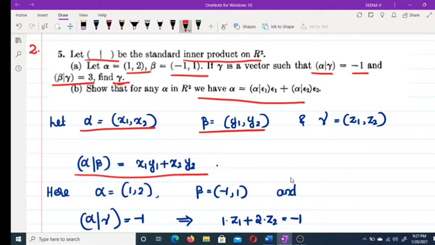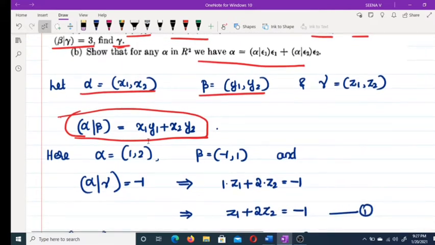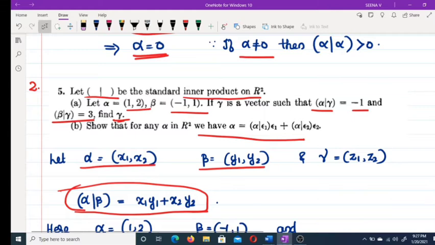If alpha equals x1 x2 and beta equals y1 y2, it is coordinate-wise multiplication: x1 y1 plus x2 y2. Here alpha equals (1, 2), beta equals (-1, 1), and we have to find gamma. So suppose gamma equals (z1, z2).